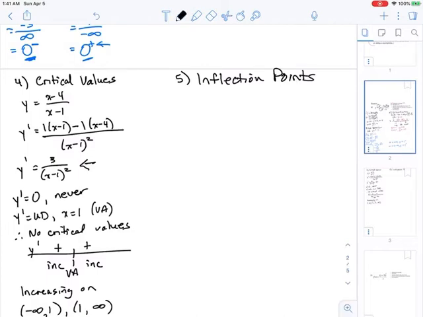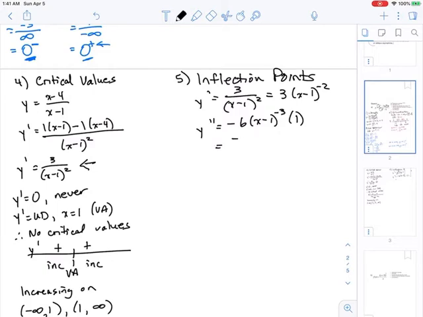Okay, so y prime equals 3 over x minus 1 squared, which is the same as 3 times x minus 1 to the negative 2. So y double prime equals negative 6 times x minus 1 to the negative 3 times the derivative of what's inside, which equals 1. So that'll give us negative 6 over x minus 1 cubed.